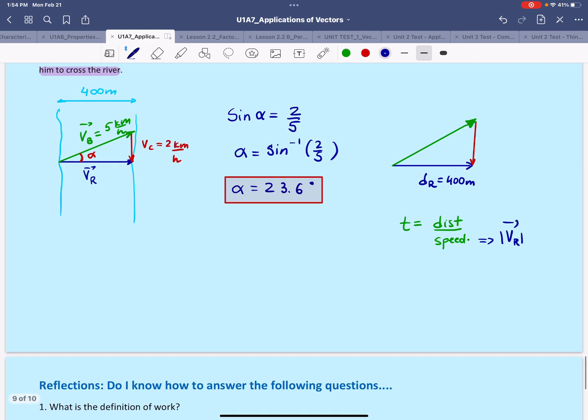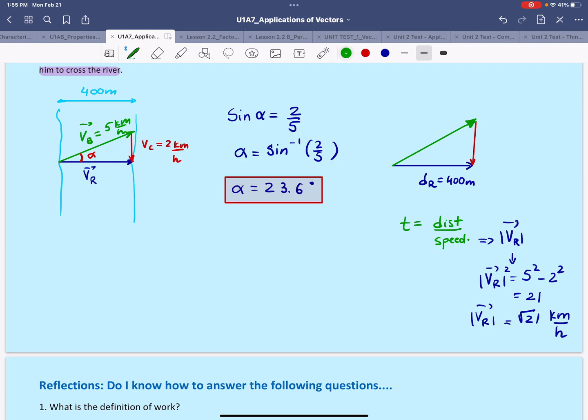So the magnitude of the resultant velocity would be equal to the square root of 5 squared minus 2 squared. Remember that 5 plays the role of the hypotenuse. So hypotenuse squared minus the other side squared gives 25 minus 4, 21. That will make the resultant velocity equal in magnitude to square root of 21. Now remember that this would be in kilometers an hour.